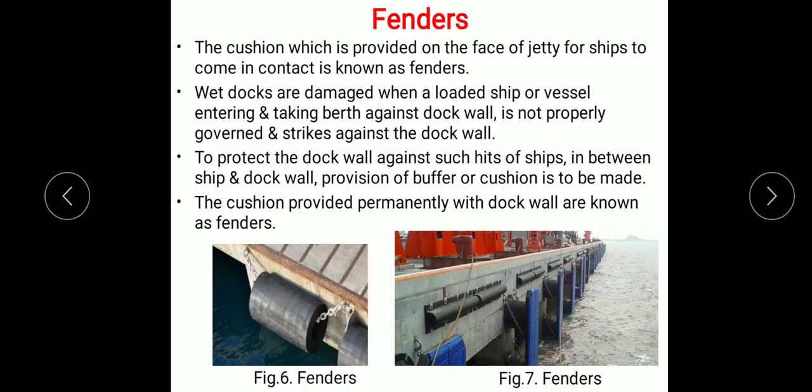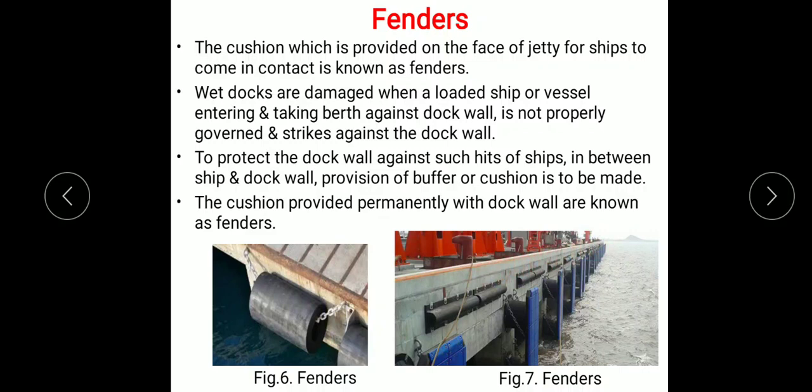So the wet docks are damaged when a loaded ship or vessel is entering and taking berth against the dock wall. If it is not properly governed, there is a striking of the vessels against the dock wall. So this is a jetty or dock wall, and to this the ships are tied.